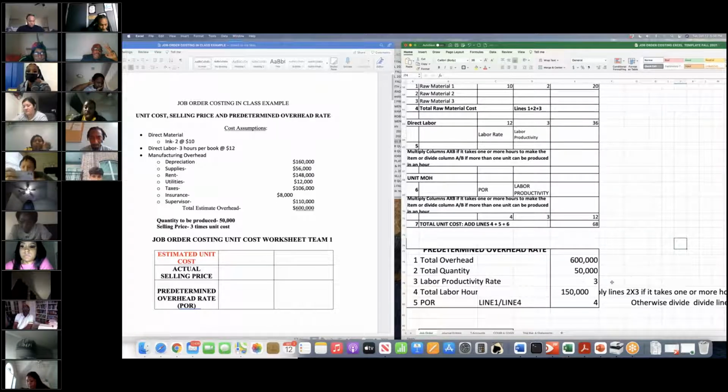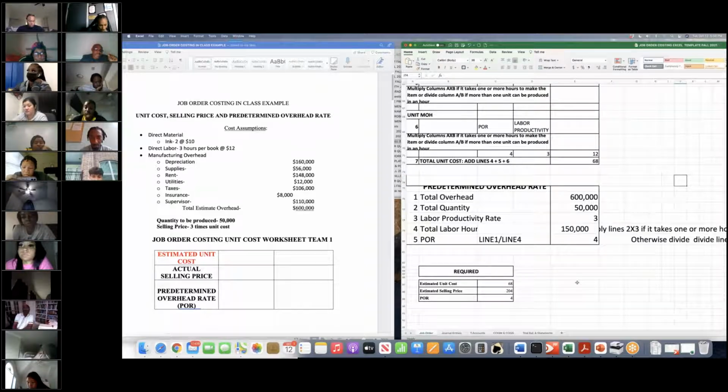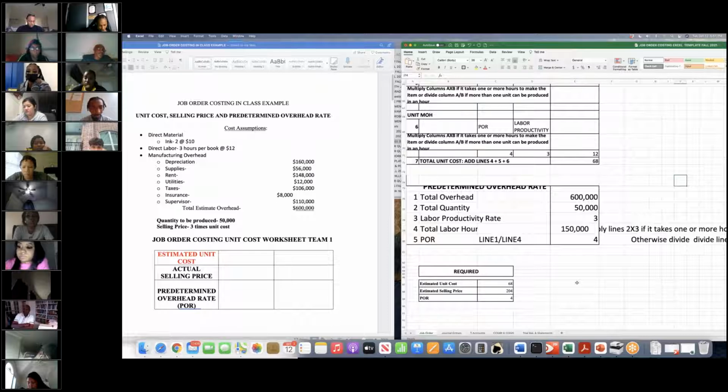The difficult part, which is not difficult, is whether we're going to multiply or whether we're going to divide. If it's saying number of hours per book, then you're going to multiply. If it's saying number of books per hour, you are going to divide. So here we are, total overhead. The first thing on that line is total overhead. Second thing is the total quantity, 600,000, 50,000.